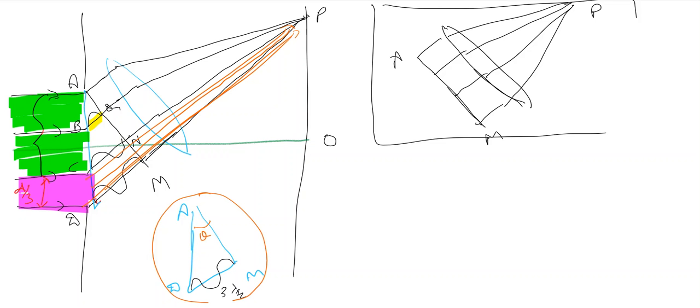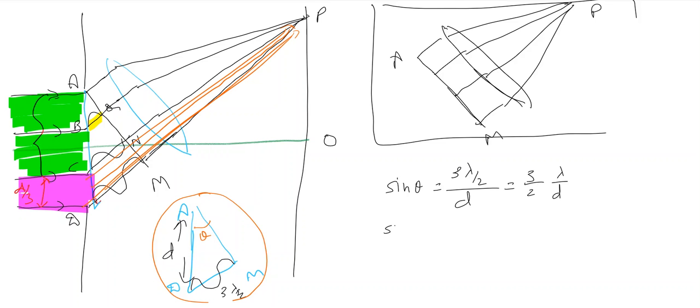So how do we express it? We can say that if sine theta in this triangle ADM becomes equal to 3 lambda by 2 upon, how much is this? It is the width of the slit d. So if it is 3 by 2 lambda by d, then the P point will be bright.